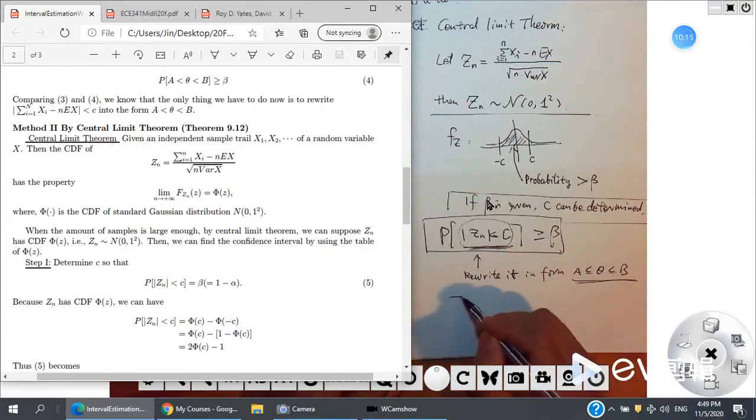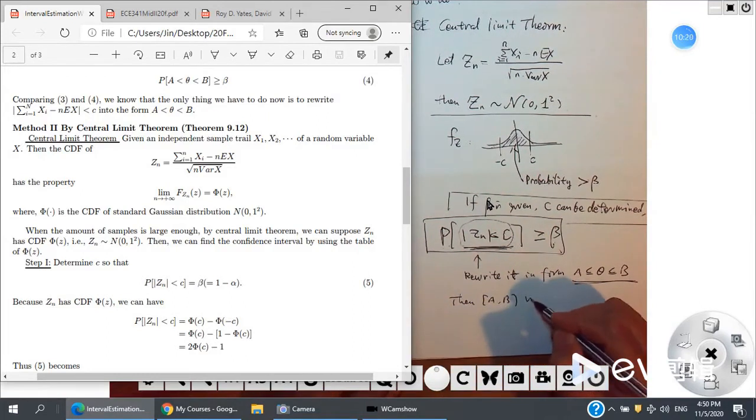Then A, B is the interval, which is the confidence interval.